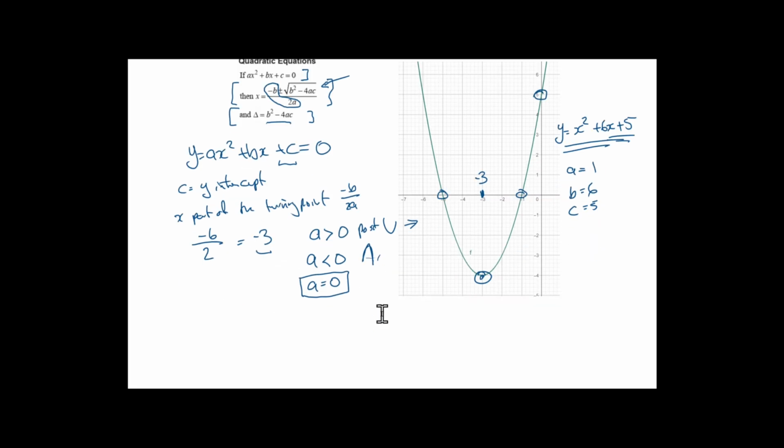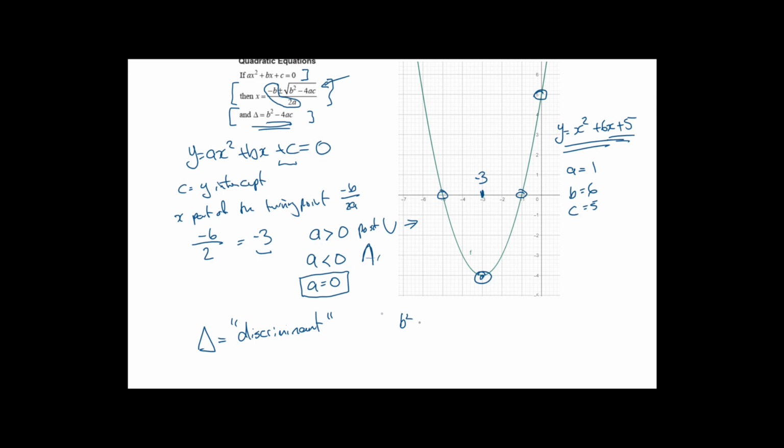What about this bit here? What does that mean? This is the discriminant. It's used for a few things, but for our purposes in level 2 NCEA, here's what it's used for.